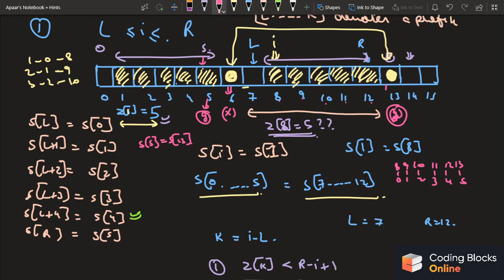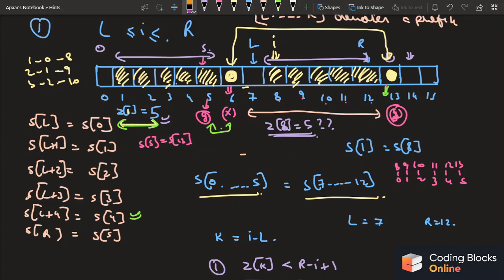So 0, 1, 2, 3, 4, 5, right? So now I'm saying that I'm taking this character 5 as y. So it is quite possible that this 13th character, that is y, and this 5th character, that is y, are equivalent, right? Furthermore, s5 is not equal to s6. That's why I got z1 equals to 5, because they were not equal, right?